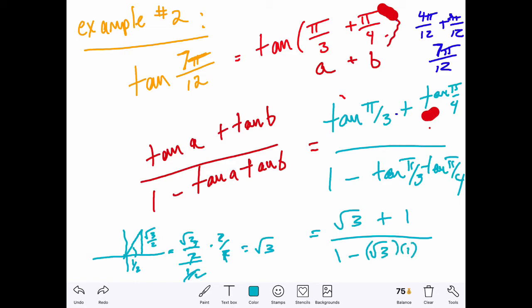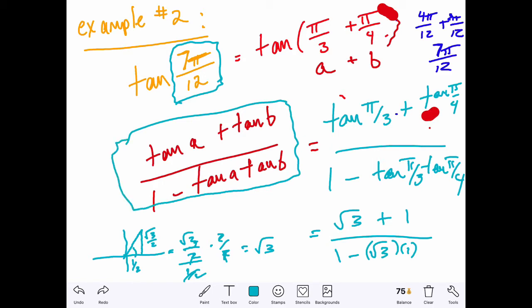Okay, so what did I do? First I had to figure out what got me to 7 pi 12ths, and it's sometimes not easy to tell that it was pi thirds plus pi fourths, but notice I showed you how to get there. You could say 4 pi 12ths plus 3 pi 12ths equals 7 pi 12ths, and then reduce them to these two. Then I wrote my general formula, and then it's just a matter of plugging in.